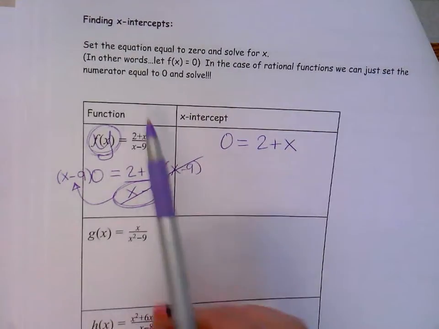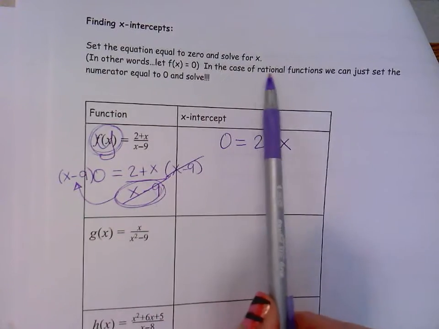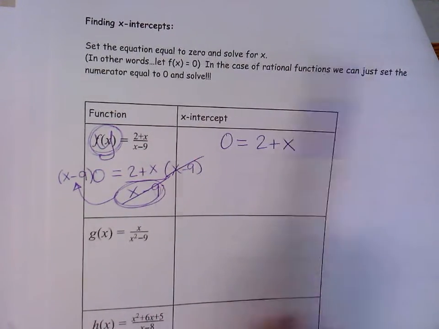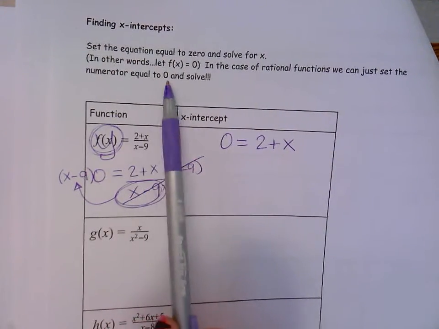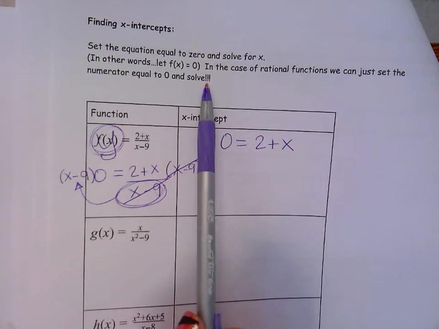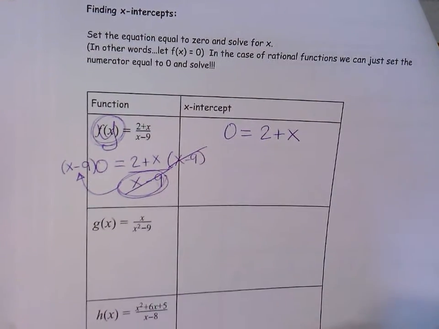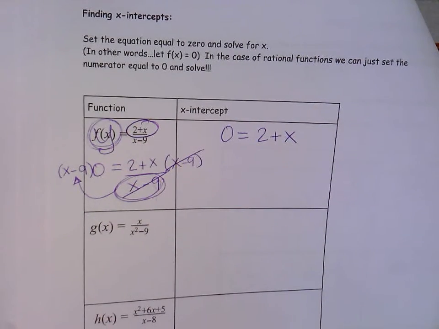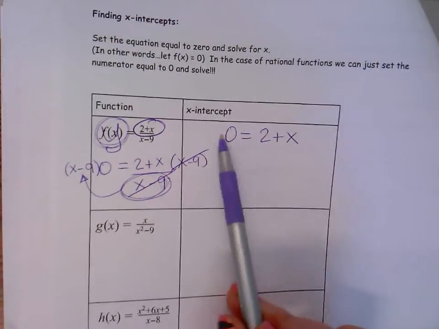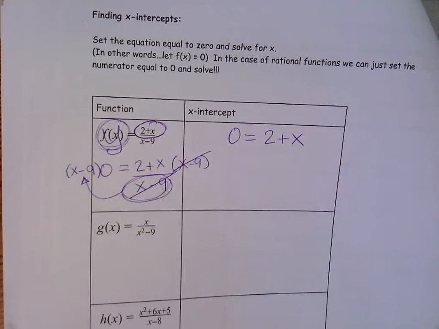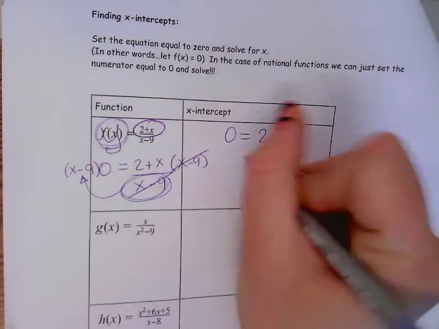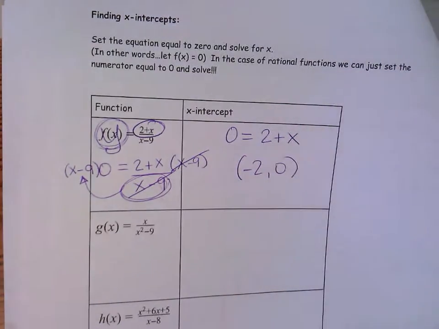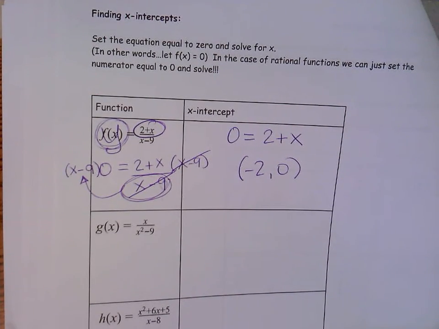So in the case of a rational function, we can just set the numerator equal to 0. So in all of these functions, all you have to do is say what will make the numerator equal 0. What would make that true in this function? X would have to be what? -2 is your x-intercept. So all you have to do is find where the numerator will be 0.